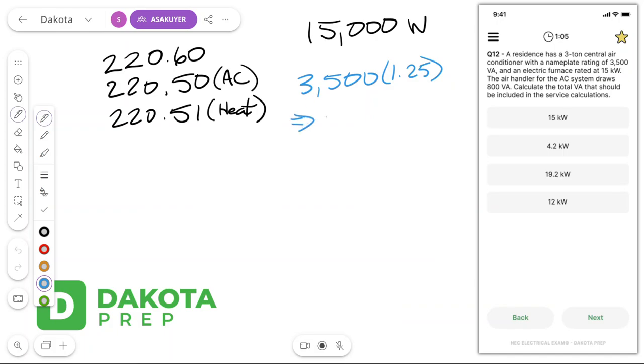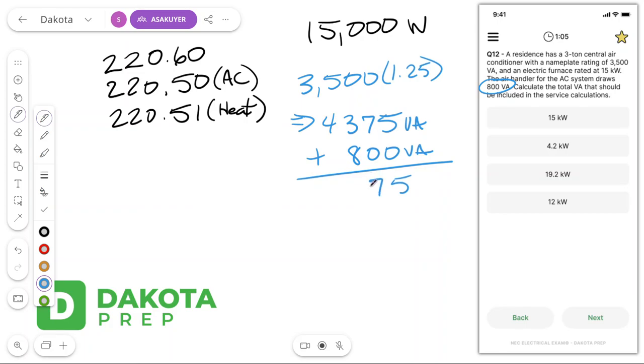Okay, 4,375 volt amps plus our other loads. In this case, we have another load that's 800 associated with the air conditioner. Okay, gives a grand total of 5,175 volt amps.